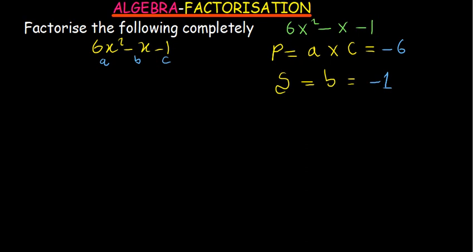When you are getting the product and the sum, don't get a letter, just get numbers. It was supposed to be 6x squared, but you don't use that one. That's what I meant. Okay, good.